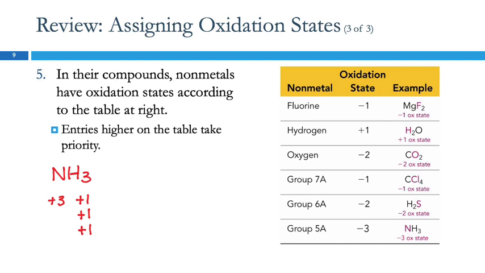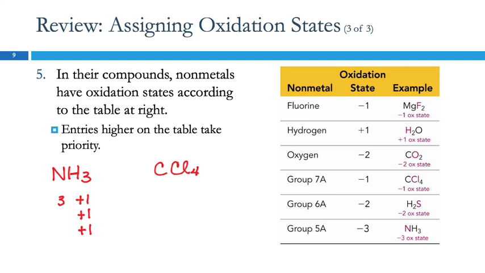This is the same way we determine charges on transition metals in ionic compounds. You look at the charge of the anion, and then you can figure out what the charge on the cation is. So the nitrogen is -3, oh, thank you.